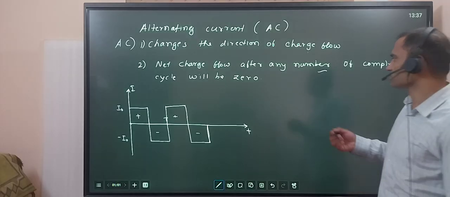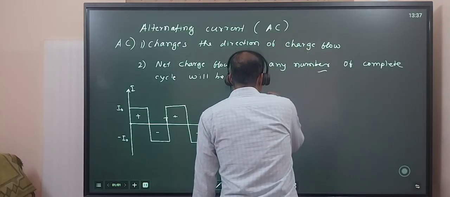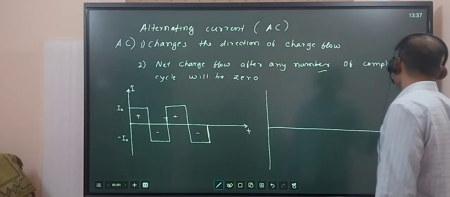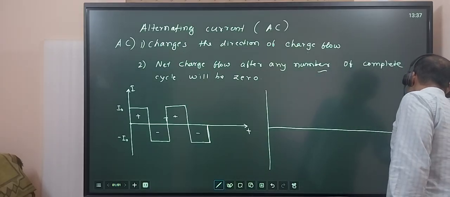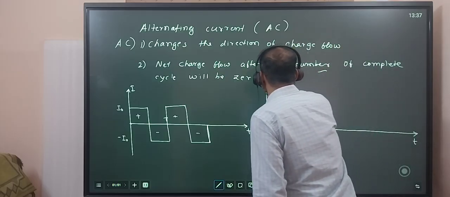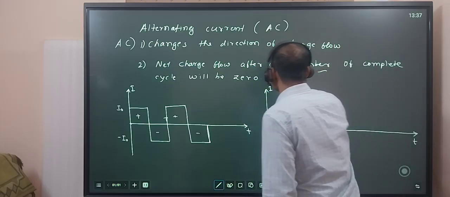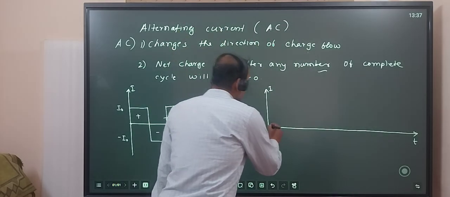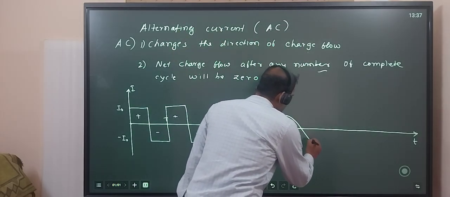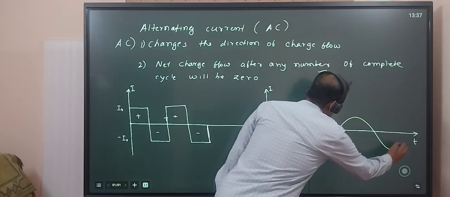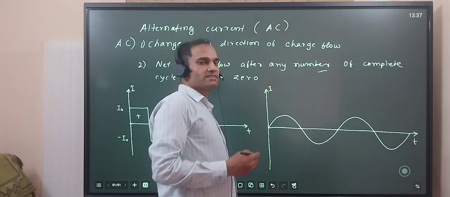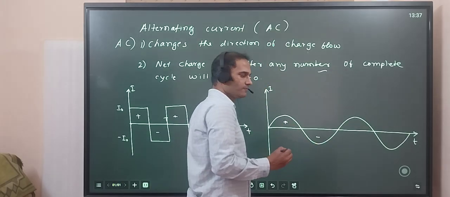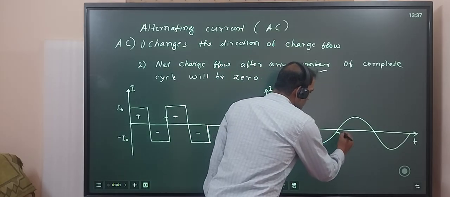Apart from this, the most important one is the sinusoidal waveform. In AC, it will change sinusoidally as the name suggests. It is like this, and I have shown you two complete cycles. It has a positive half cycle and a negative half cycle, and this is one time period.